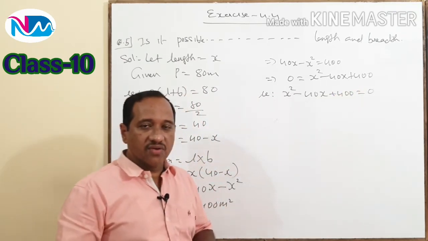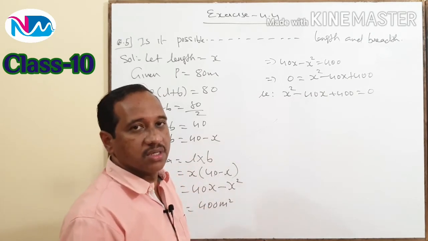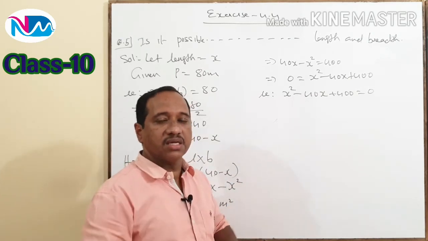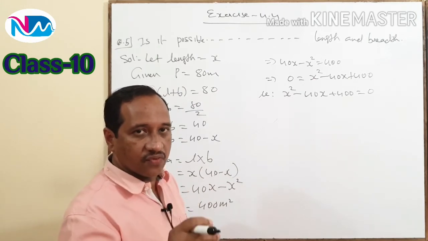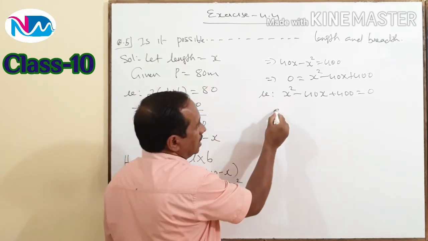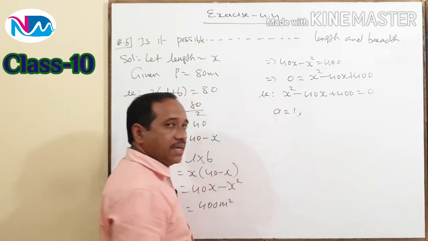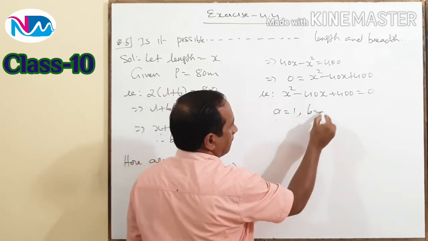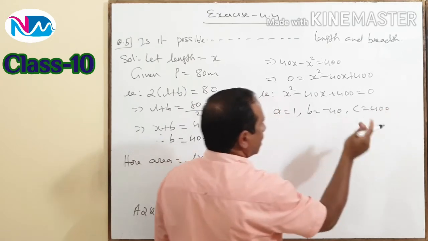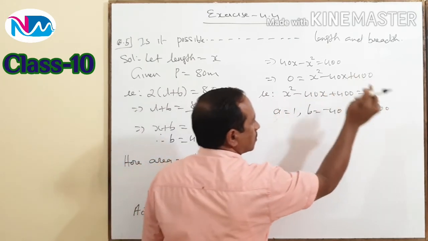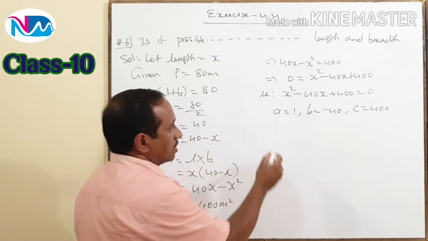Now we have to check whether it is possible or not. That is by calculating the value of discriminant. Comparing with the standard form, the values of A, B and C are 1, minus 40 and 400.